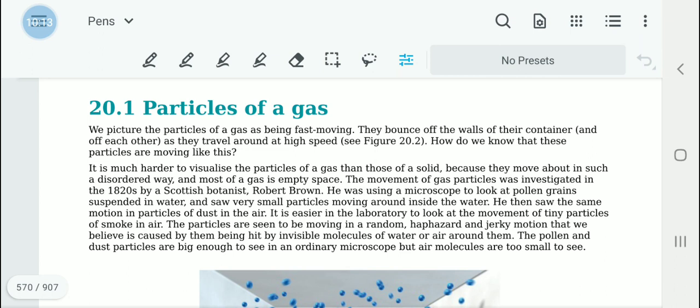Gas particles move in a haphazard and jerky motion, which is resulted by collisions with other particles, and this motion is referred to as Brownian motion.